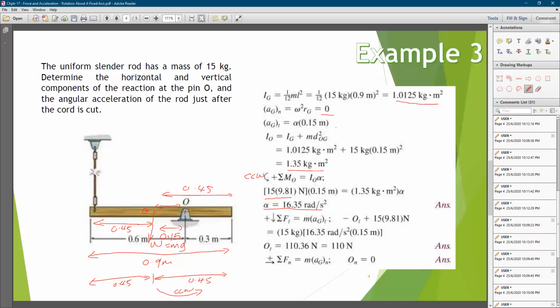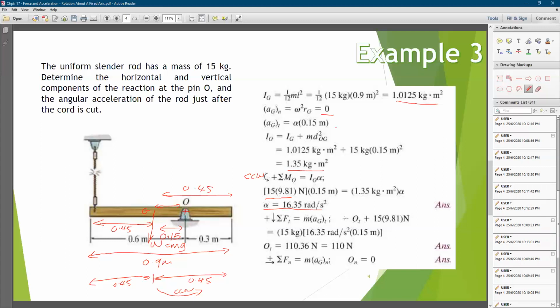Then moving on, we look into the summation of the tangential forces, and on this vertical component, we assume that going down is our positive direction.